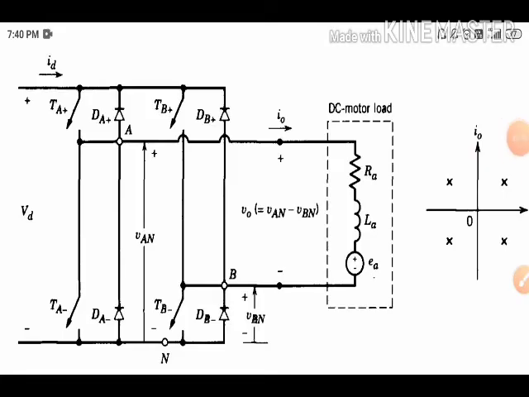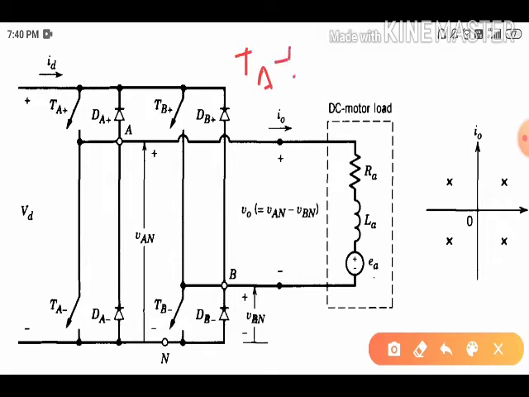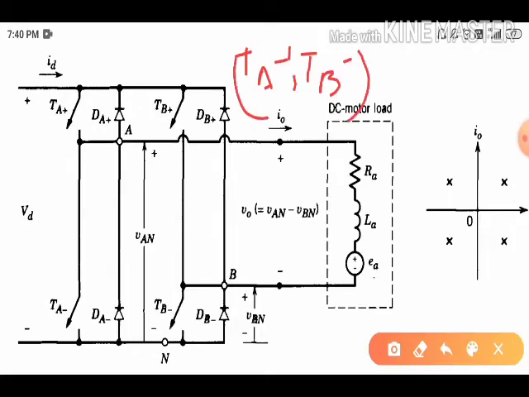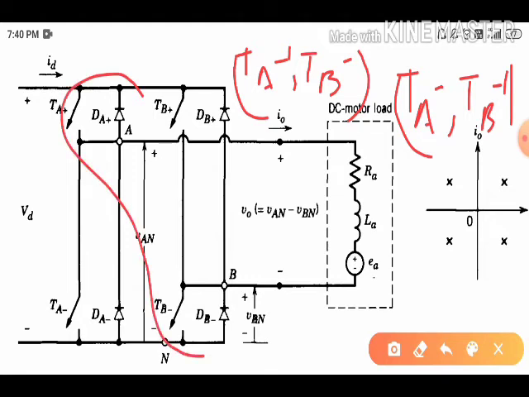In PWM with bipolar voltage switching, at first we consider TA positive, TB negative as one switching pair and TA negative, TB positive as another switching pair, like these alternate pairs.